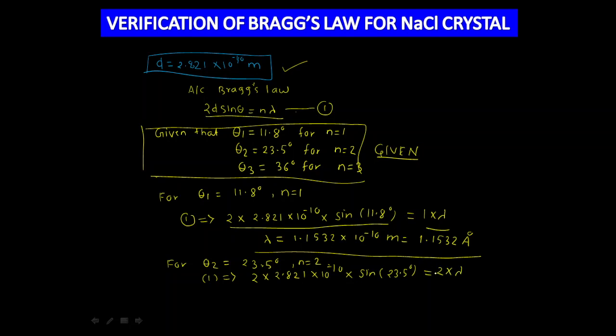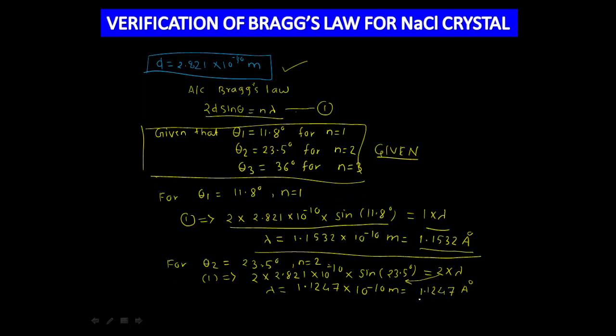After calculating that, if I bring that 2 to the other side, I get lambda is nothing but 1.1247 into 10 to the power minus 10 meter, means 1.1247 angstrom.